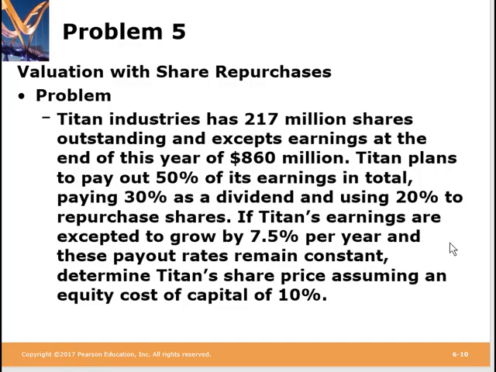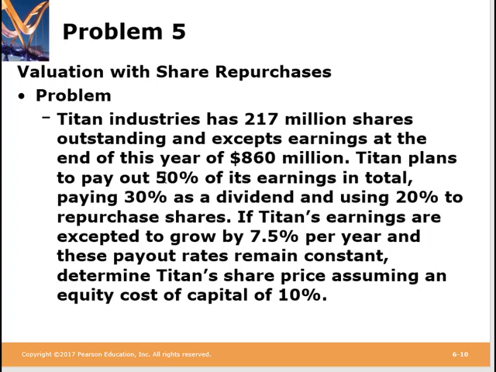Problem 5 talks about the total payout methodology. This company has 217 million shares outstanding at the end of this year, right? And they expect earnings at the end of this year to be 860 million.